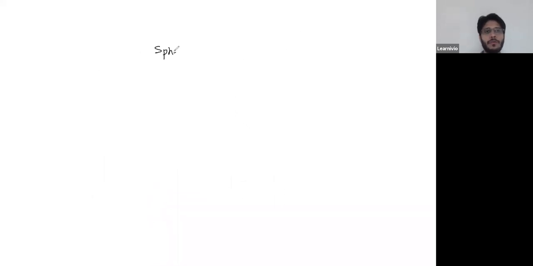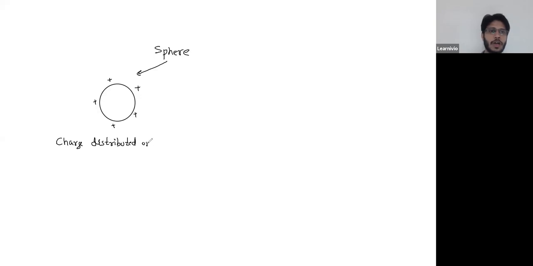Now, when we talk about sphere, we can divide sphere into two categories. We can have two types of sphere. One sphere where charge is distributed only on the outer surface.